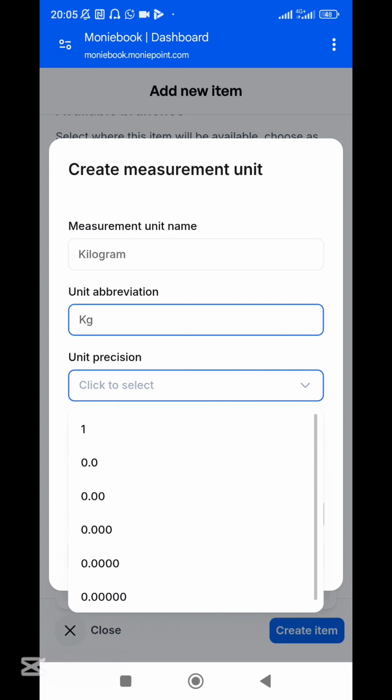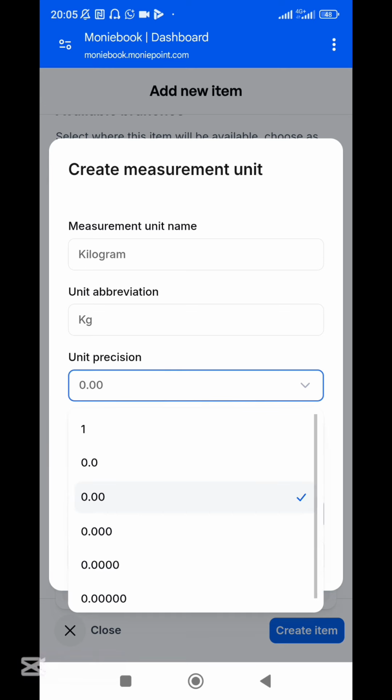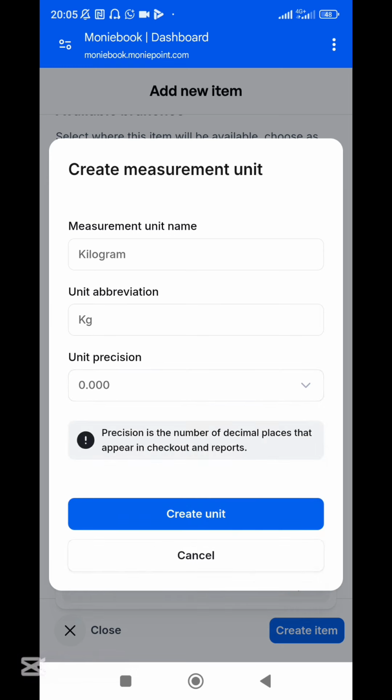Let's choose, as I said, 0.00, not 0.0, so that it can give us two extra decimal points. So that whenever we are serving somebody later, we'll be able to know the extra decimal point. Some fuel stations have up to 0.000 decimal points, so that they will not make any mistake.